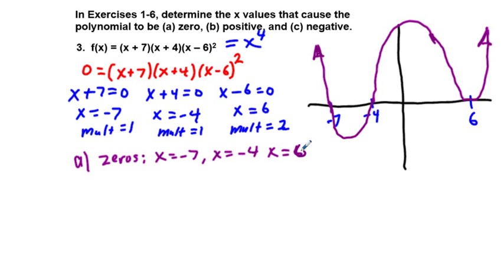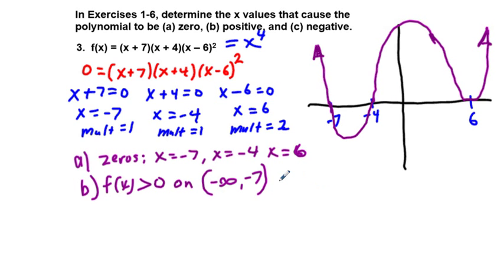And as far as b, we have f of x is greater than 0 on the interval, well, from negative infinity, that's above the x-axis, all the way to less than -7. And then -4 to 6, so union -4, 6.